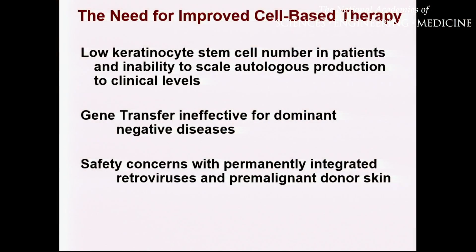And also these patients, because of their chronic wounding, have pre-malignant lesions in their stem cells that we're grafting. And so if you graft them and they're going to get squamous cell carcinoma in a few years, we're giving them squamous cell carcinoma-predisposed keratinocytes. So these are all issues which we're trying to deal with going forward in terms of the scale of the target product profile you want to give clinically to the patient.